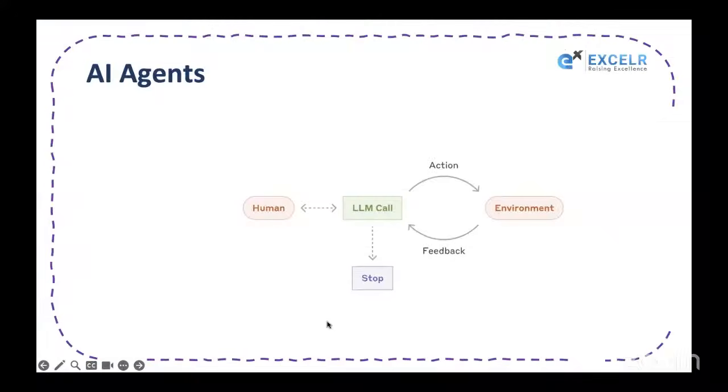Look at this. This is how our agent works. Human, you do an LLM call. Performs the action, right? So there is a feedback again and again until it reaches and gets the proper answer. So it keeps doing that.